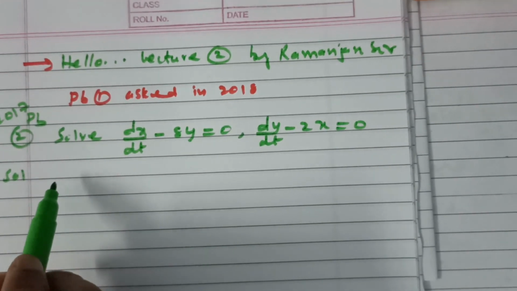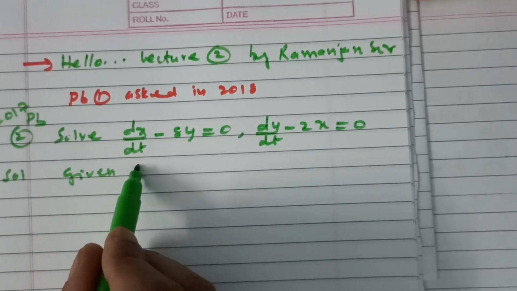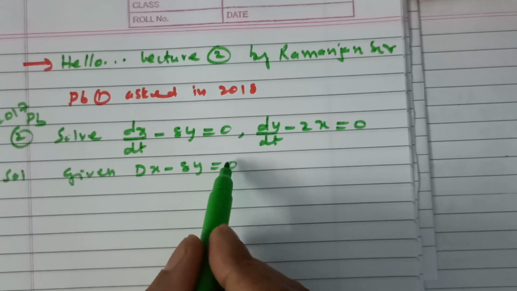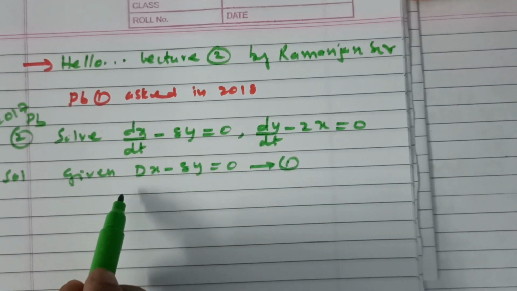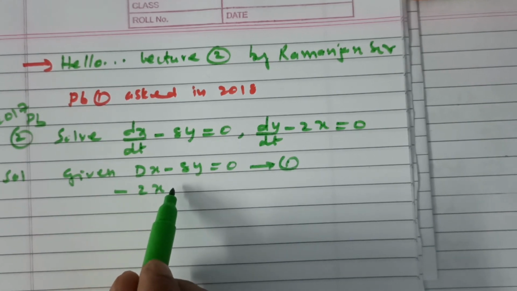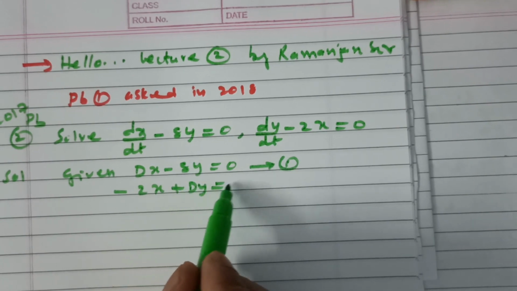Right. Given equations: Dx minus 8y is equal to 0. That's the second equation: minus 2x plus Dy is equal to 0.